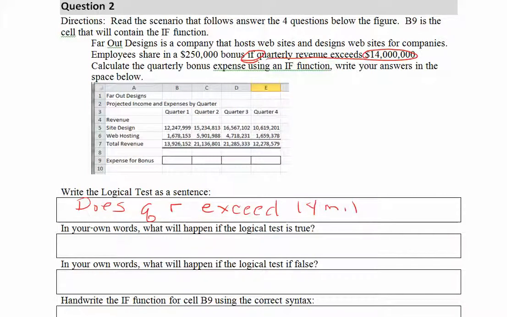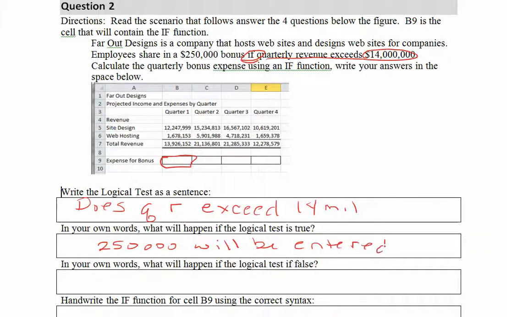Okay, in your own words, what will happen if the test is true? If the test is true, then we are going to have 250,000 put into the cell. So if the logical test is true, 250,000 will be entered.